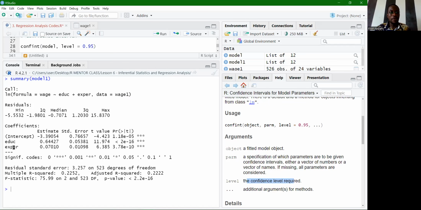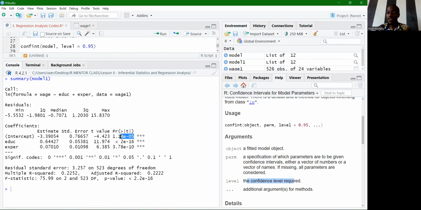When we included experience in the model, we even got to realize that the intercept was significant. Once you see the stars there, that is how you interpret them, because they represent the significance levels. This one is 1.18 times 10 to the power negative 5, so it is technically 0, even in 4 decimal places. It's less than 0.05, so we can say the intercept is significant at 5%.